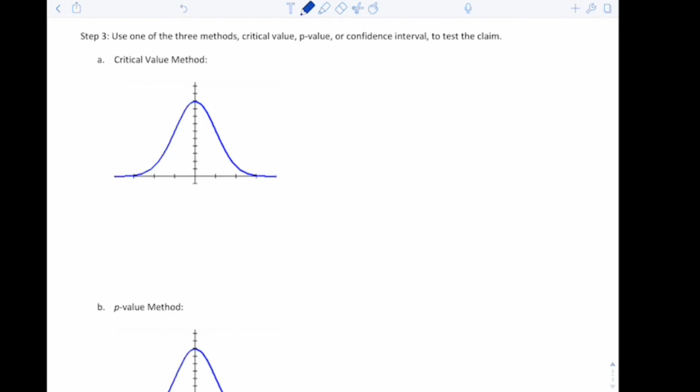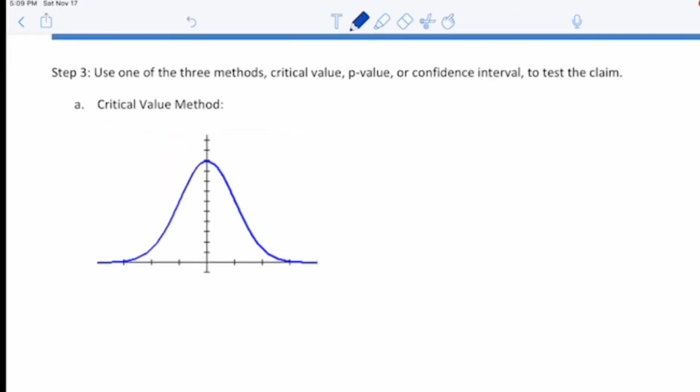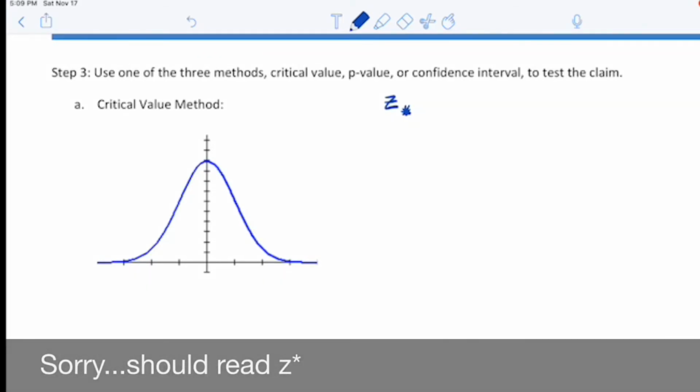Awesome. All right, so continuing, we will go ahead and we'll just do all three methods. We've already started on the confidence interval method. We'll include that conclusion for the test in our overall conclusion. So the critical value method, remember, you need to find your z star. So we need to find z star, and since it's a two-tailed test, right, we need to use half of our alpha level, right? So we already found that that's going to be z of alpha over 2, right?